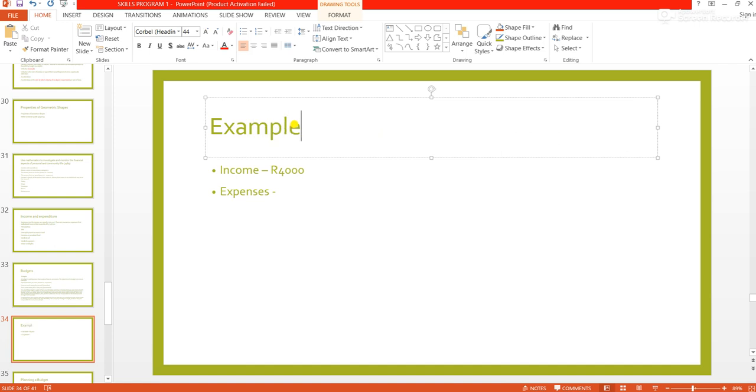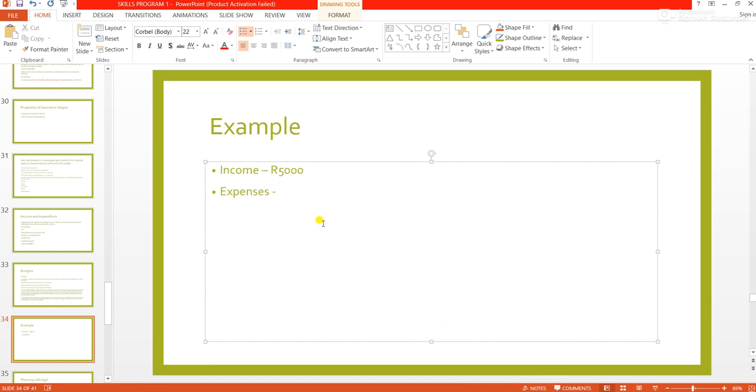This is just an example based on the stipend that you receive. Precisely, let's say the stipend that you receive is 5,000, and let's just unpack the expenses that you have on a month-to-month basis.